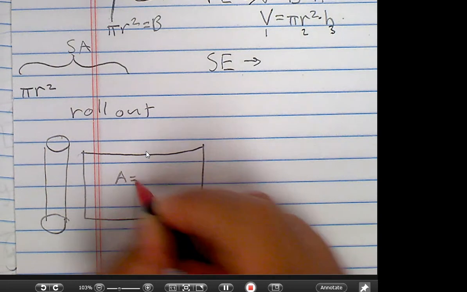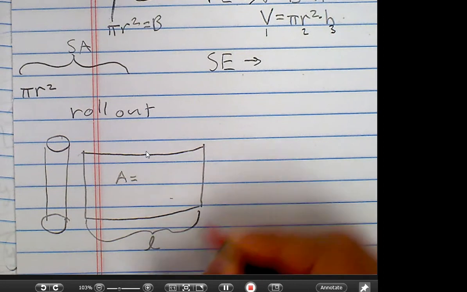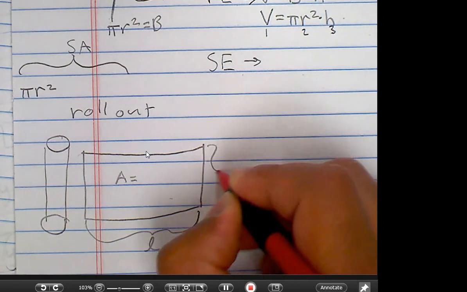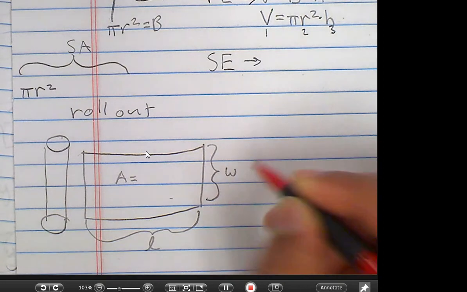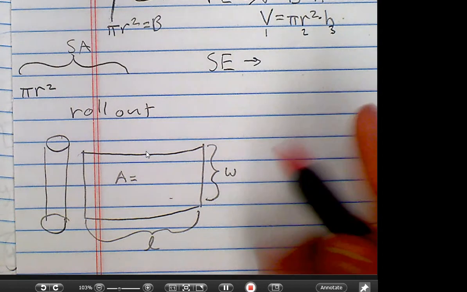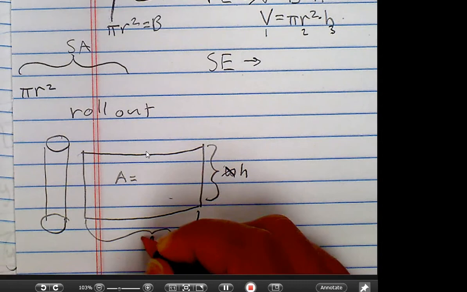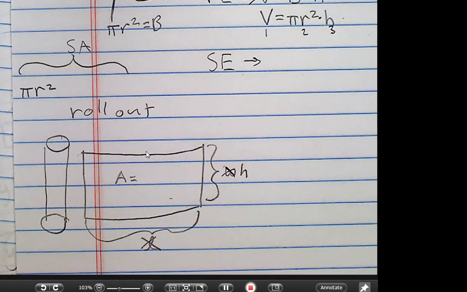Well, we know it's the length times the width, or vice versa. But what is the width really in this context? It's really height. So mark out width. That's height. Now the length, what is that really in this context? Very good. Who said that?